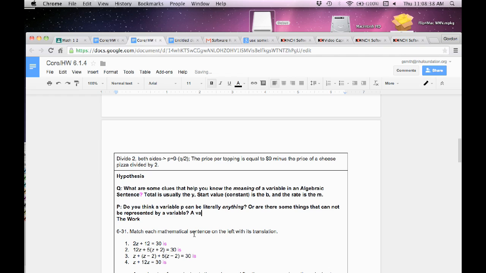I would say that a variable can be anything that can have a numerical value. So anything that you can describe with numbers, you can also describe with a variable. So that's the limitation to what a variable can actually represent.